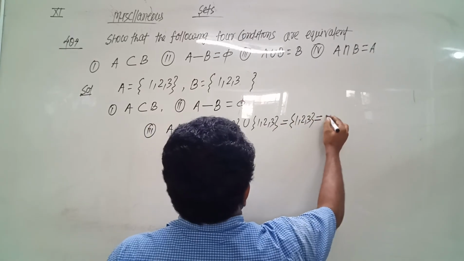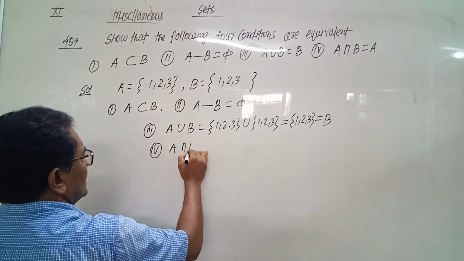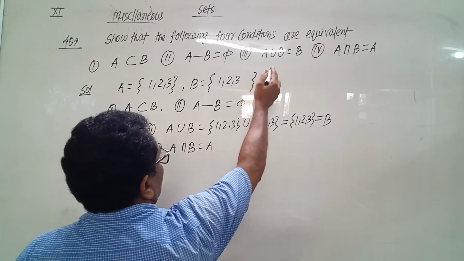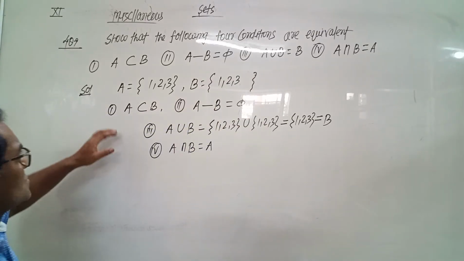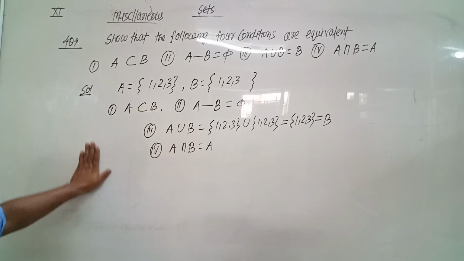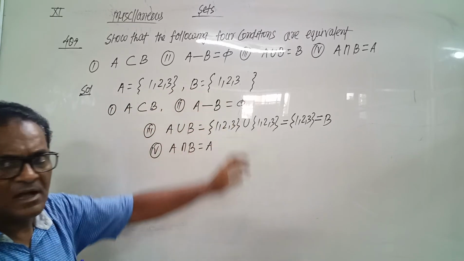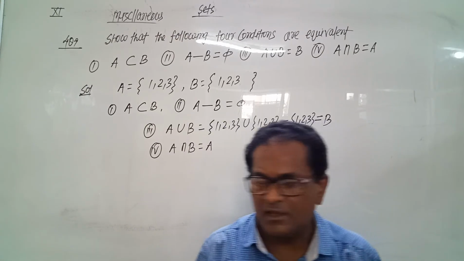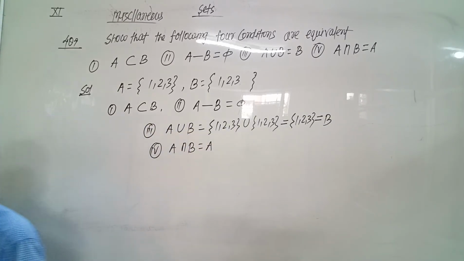So this is equal to B, and the fourth condition A intersection B equals to A. So A intersection B has the common elements, so it must be equal to A. So all these four conditions are equivalent. It is only possible when the elements of A and B are equal. So equivalent sets may also be equal sets.